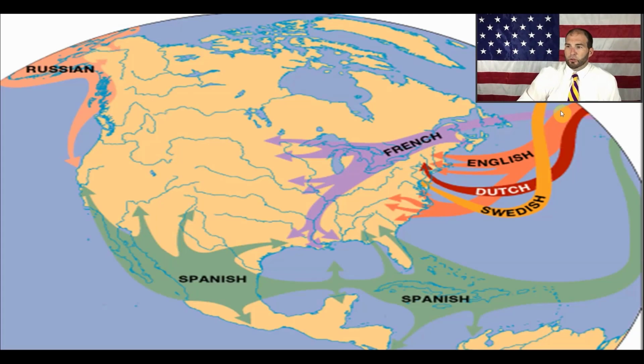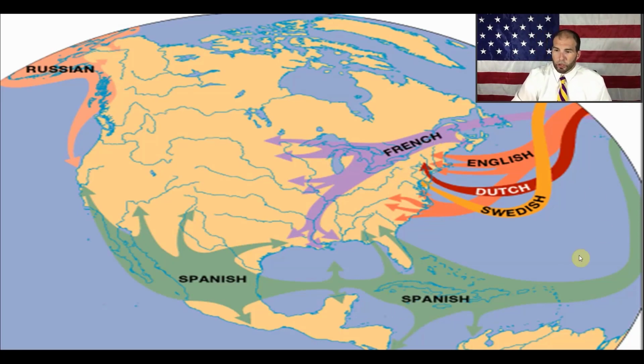Tons of things are going to start changing. You're going to have what's called the Columbian Exchange. All these people are going to start coming over here and trading and shipping that stuff back to England. There's a whole bunch of stuff that's going to show up in the New World that had never existed in the New World before. And there's a whole bunch of stuff that's going to show up in Europe that has never existed in Europe before.